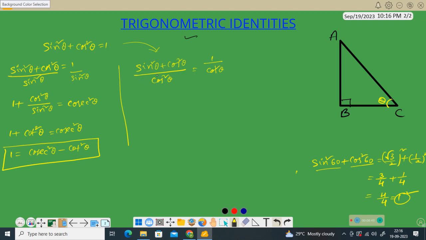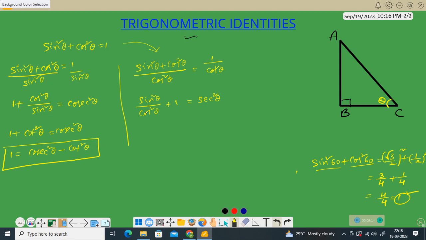Now separate the denominator for both numerator values. That means sin squared theta by cos squared theta plus cos squared theta by cos squared theta, value 1, is equal to 1 by cos squared theta. How can I write it? Secant squared theta, because cos theta's reciprocal is secant theta, and the square is there, means secant squared theta.